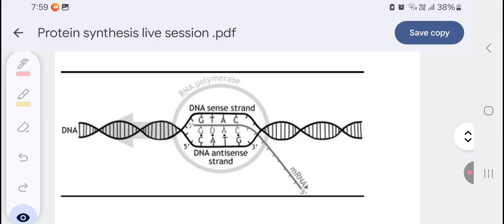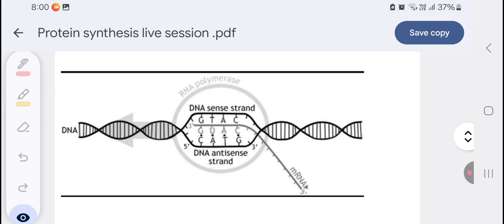Let's say this human needs collagen for his nails and hair. So we search the DNA for the specific area that has the specific gene for collagen.